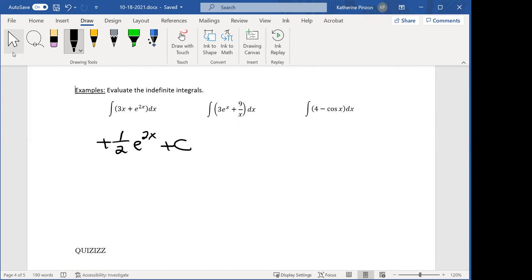So 1 plus 1 divided by 1 plus 1. The antiderivative of x is going to be x squared divided by 2. So what's the antiderivative of 3x? 3x squared divided by 2. Yep.